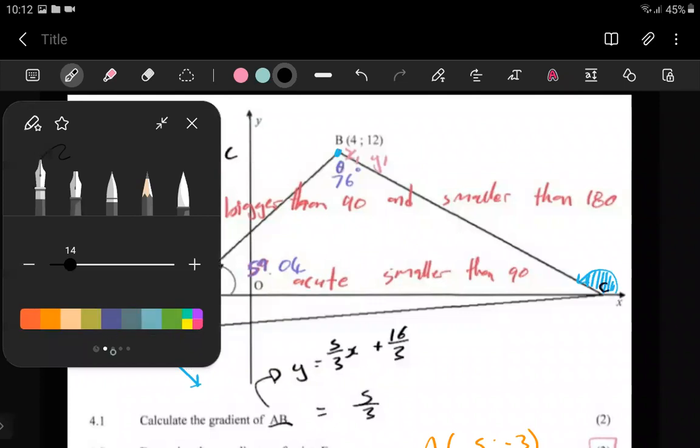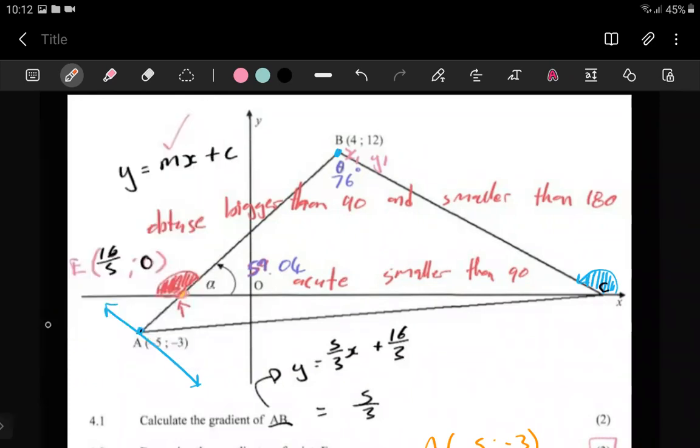As long as we have those 2 angles, it is so clear that we just need to get this angle here, because these are all angles inside this triangle.